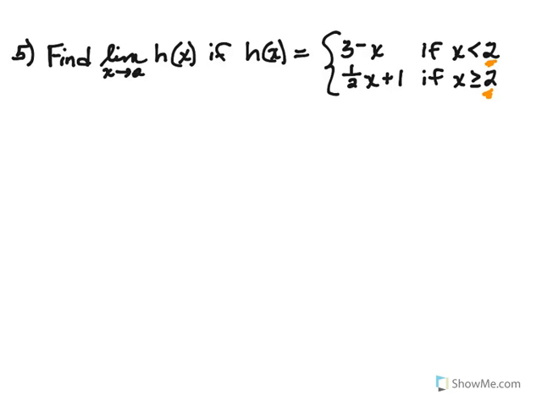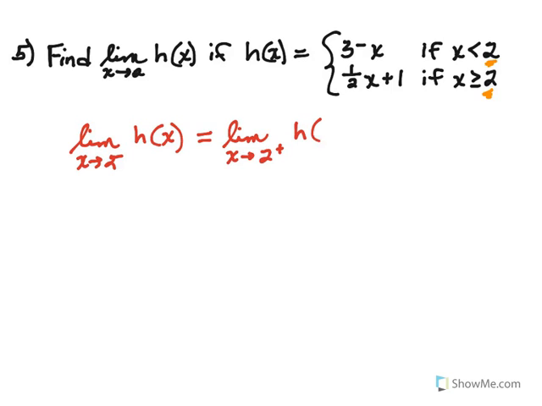So the big thing we need to remember, if the limit as x approaches 2 of this function is going to exist, we need to make sure that the limit of the function as we approach 2 from the left must equal the limit as we approach 2 from the right. Remember, that's our big rule that we need to make sure happens in order for this limit overall to exist. So let's start by determining the limit as you approach 2 from the left.